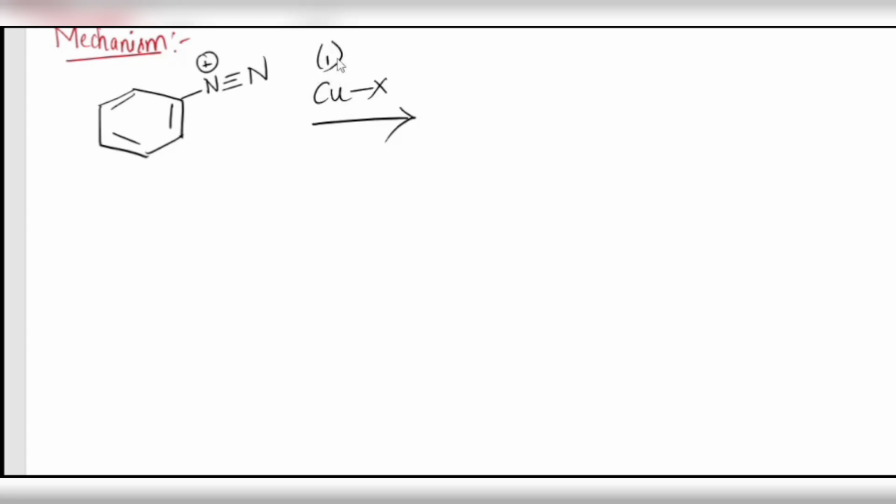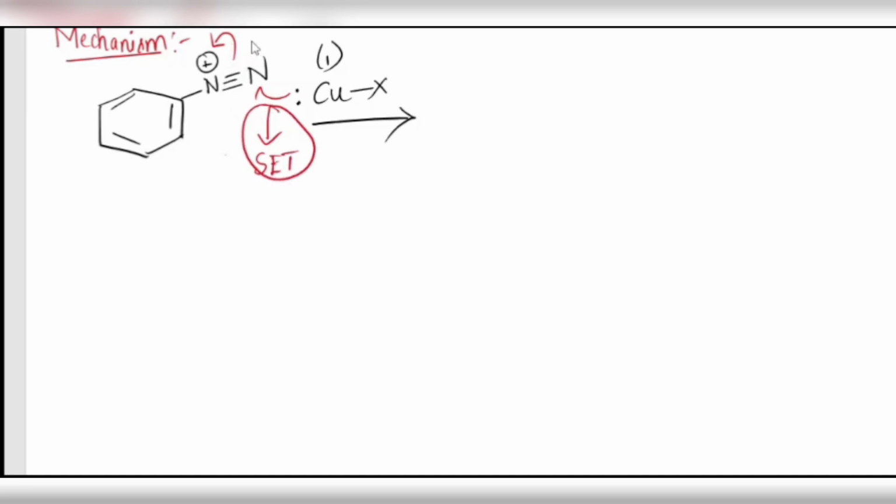If copper is there in +1 oxidation state, it will be having 2 electrons like this, and in the first step this one electron will move towards the nitrogen, the empty orbital, and this 2 electron will shift like this. You can observe from this arrow, single electron transfer, that is SET, is happening in this case.